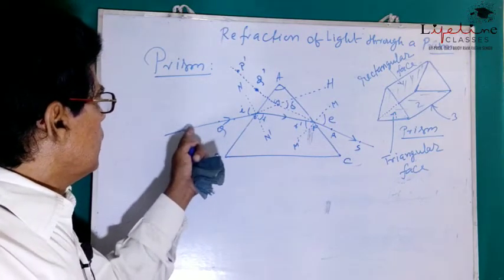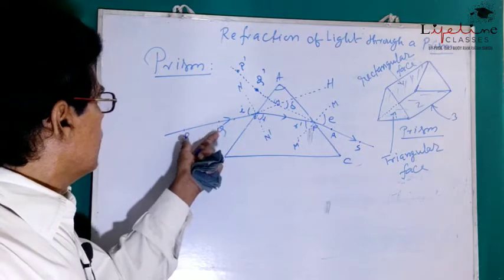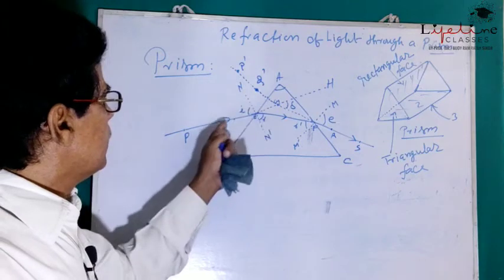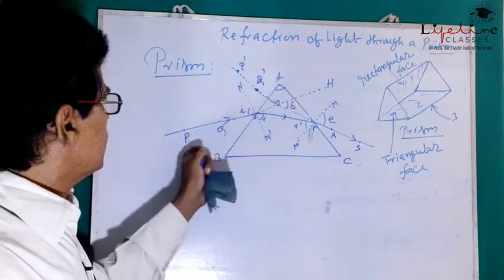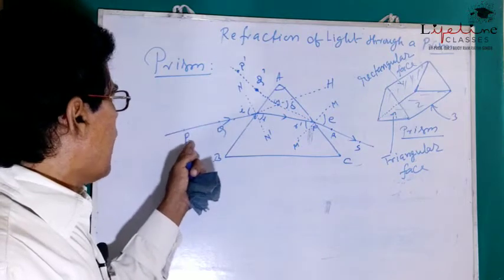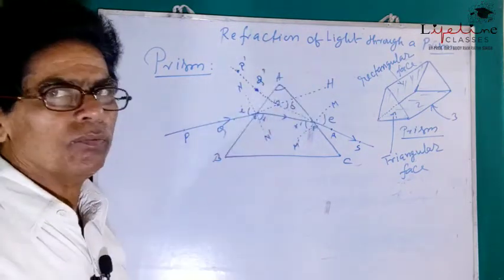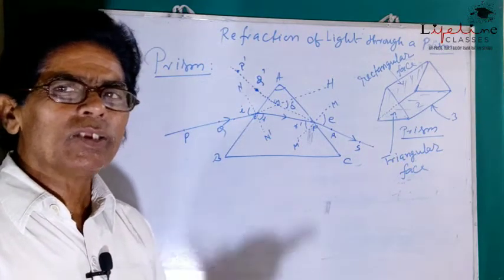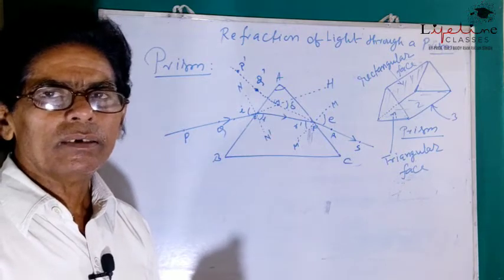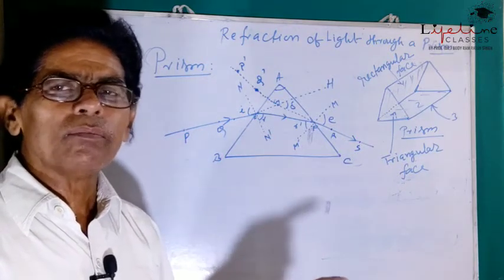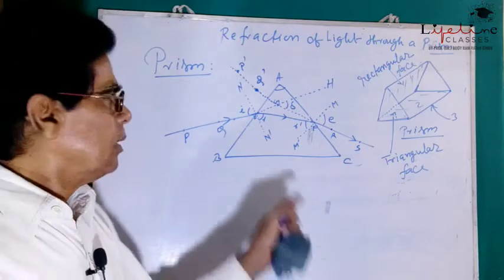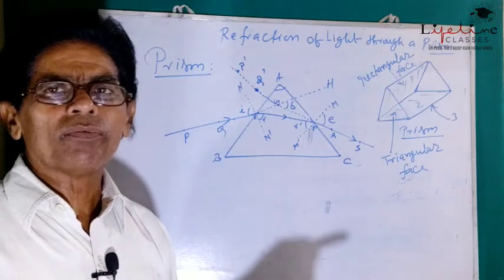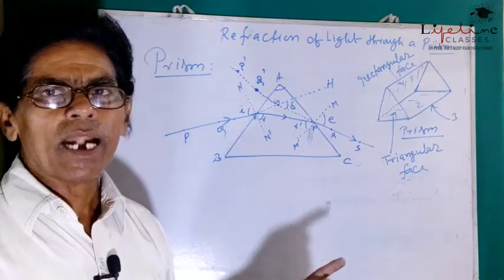Now if we draw the line segment PQ in its own direction, we will have the original path of the light towards PQEH, which is the initial path of the light. If the prism had not been placed there, then PQH was the original path of the incident light.